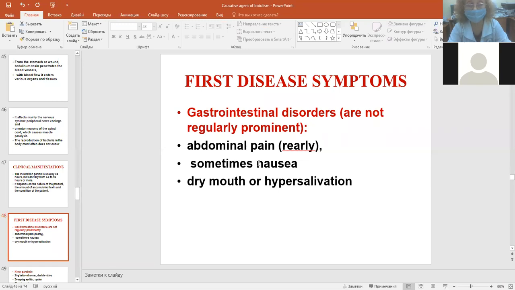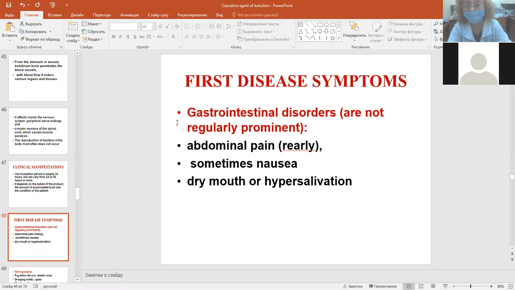Students make mistakes very often because they remember that botulism is food intoxication. So they answer automatically that the patient has nausea, vomiting, diarrhea. No, please pay attention. It is a neurotoxin, so the patient has no diarrhea.